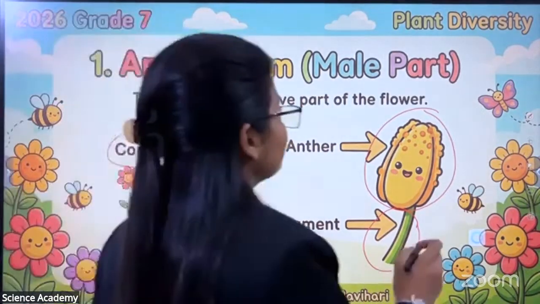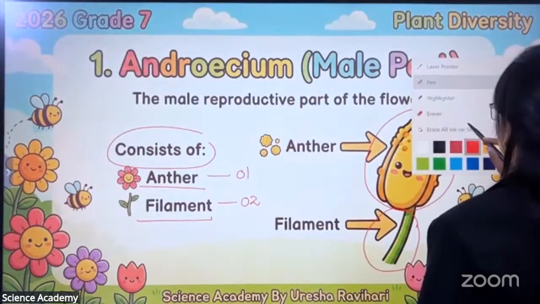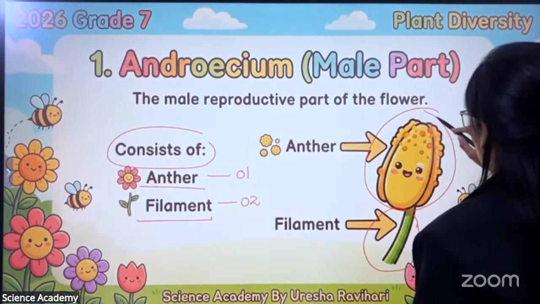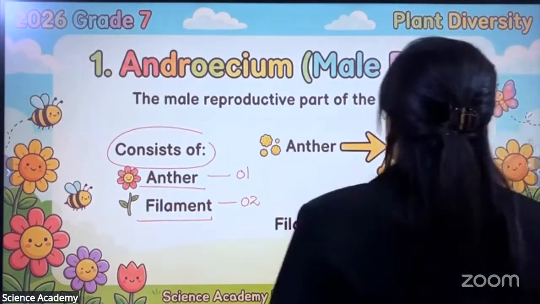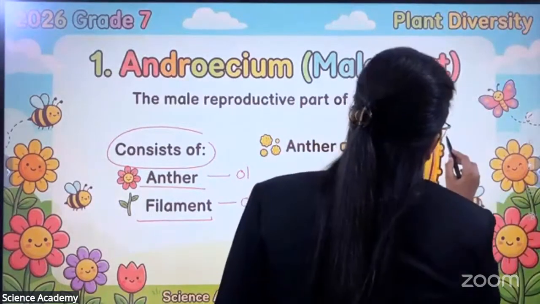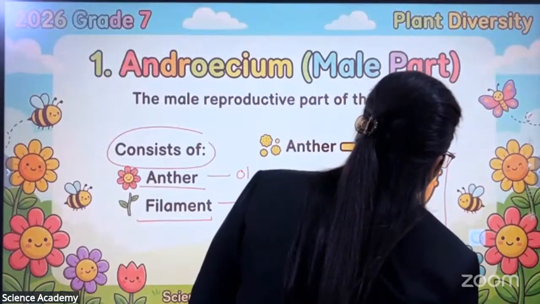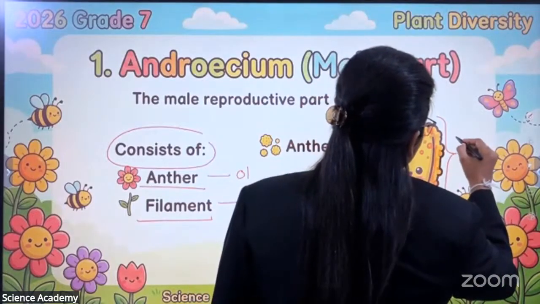Children, in my diagram I have given anther and filament all together, and you can name them together as stamen.